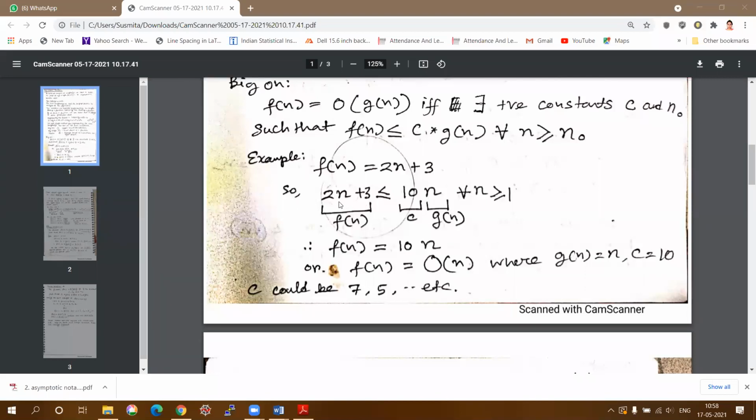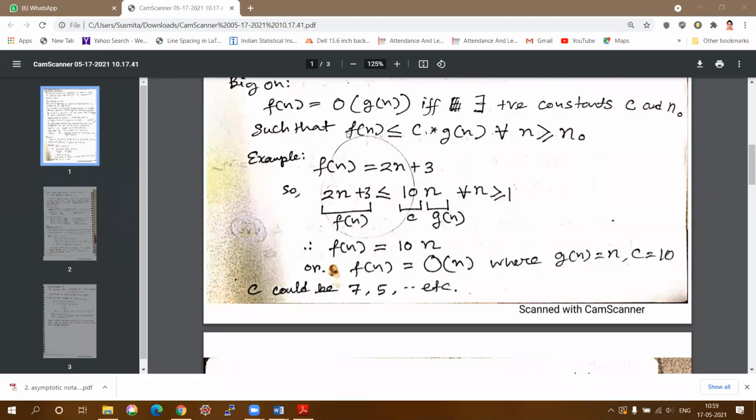If I say f(2n+3) is our f(n), which is less than or equal to 10 into n, well, 10 is the constant term, so I am representing 10 as c, and n is g(n). So if g(n) equals n and c equals 10, then always f(n) is less than or equal to c into g(n).